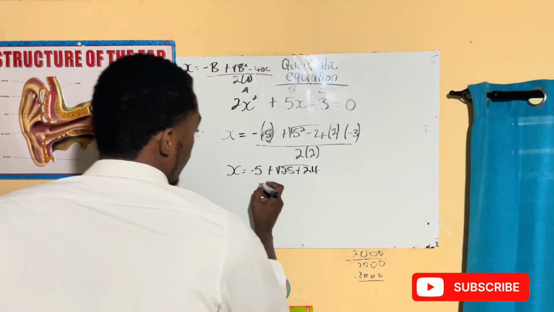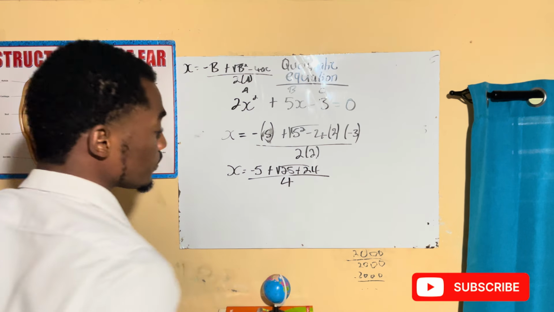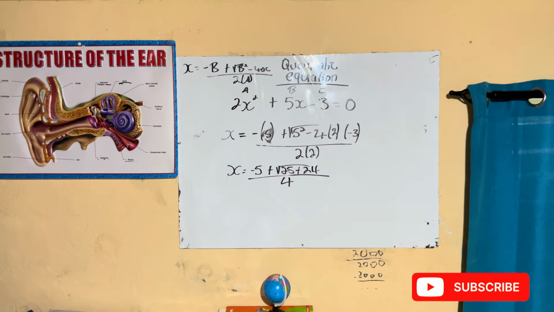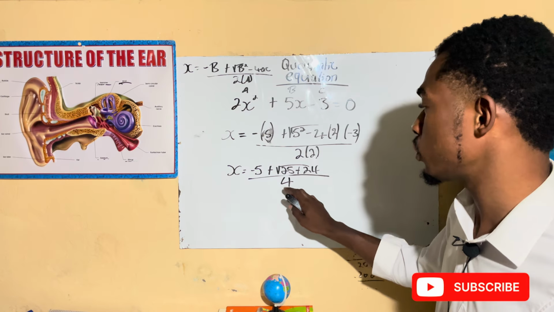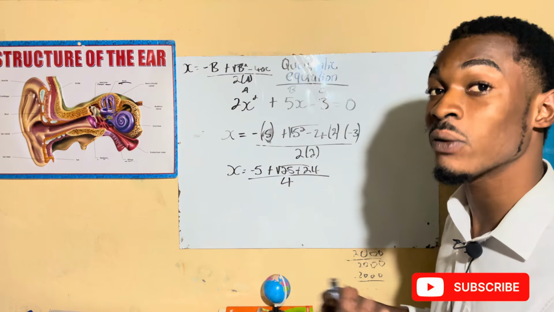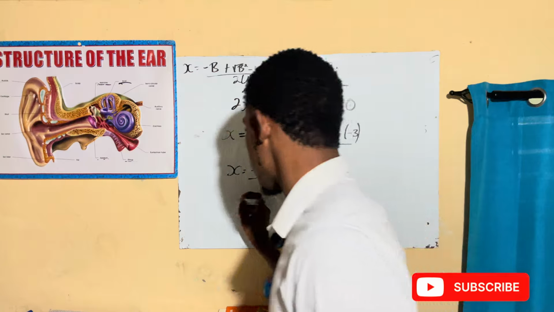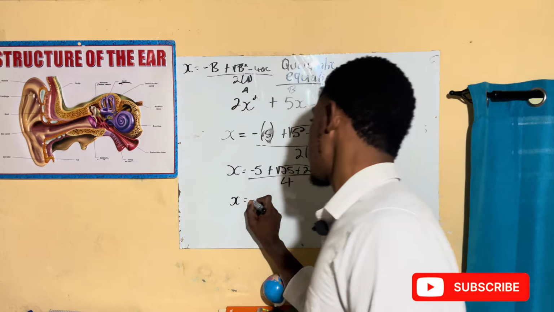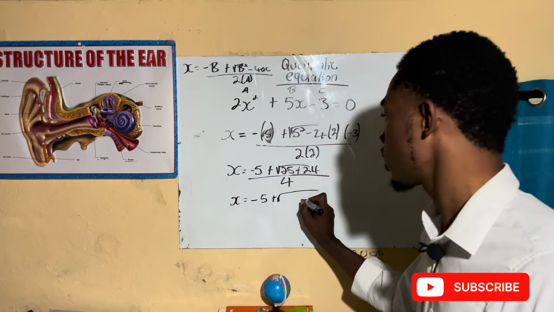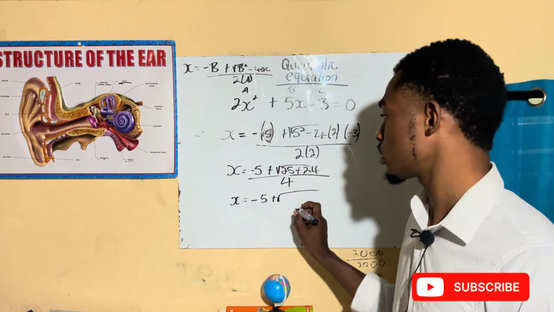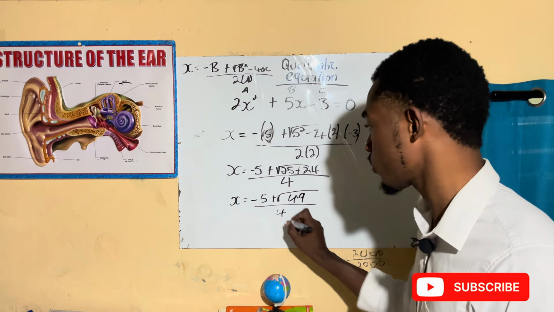And now we draw back our line. 2 multiplied by 2 here is going to be 4. What we have in the square root is 25 plus 24, so we need to add both of these numbers. Write back x equals negative 5 plus, let us draw back up our square root, 25 plus 24 is 49, over 4.